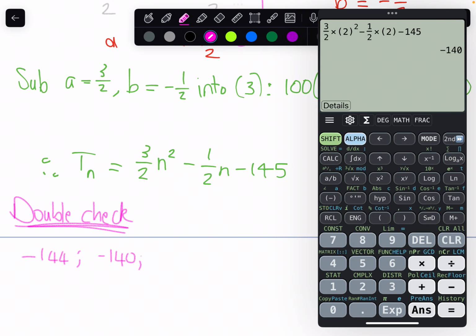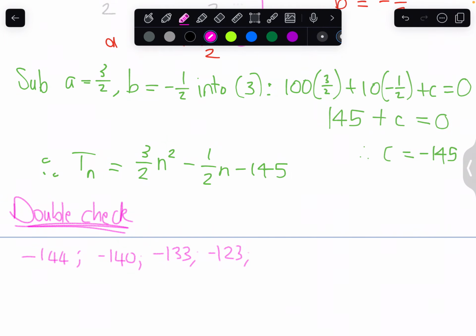So for this, I'm just going to work out the first 4 terms like this, and then from there I'm going to use the first differences to figure out what comes next. So what's happening is that here we are adding 4, and then we add 7, and then we add 10.